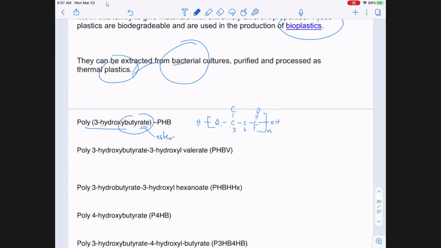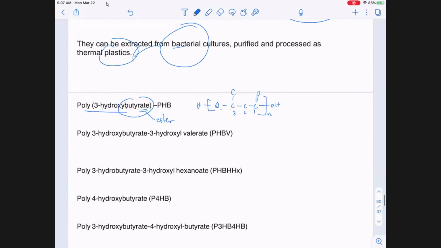And we can have a different sugar source, and we can get a 3-hydroxy butyrate again, and valerate, because I have 1, 2, 3, the total is 5, meaning 1, 2, 3, 4, 5.